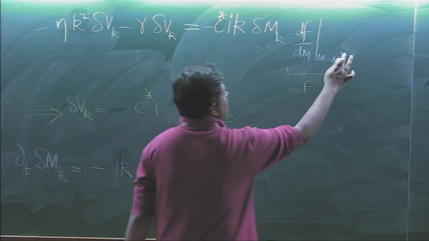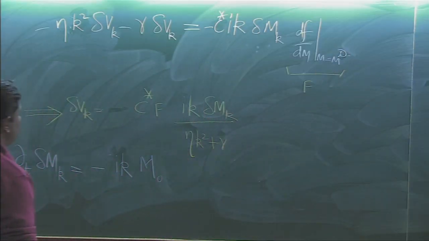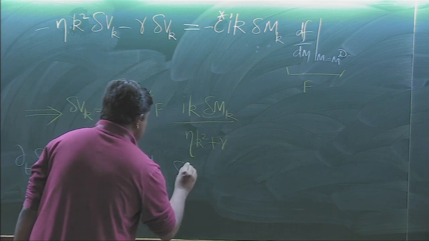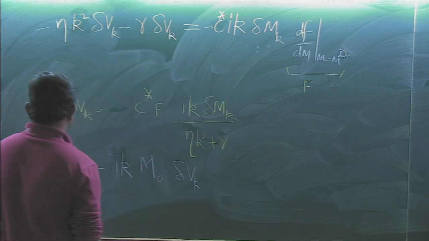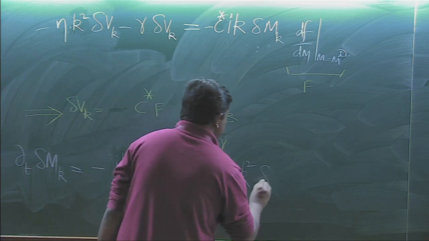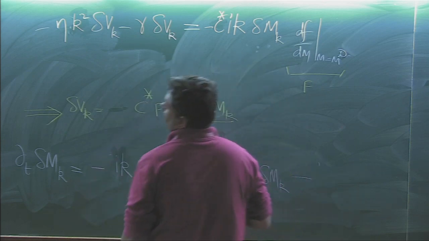Sorry, this is not m star, this is m naught. M naught is the uniform state. Times delta Vk, minus D k square delta mk, minus, what did I call that? R.